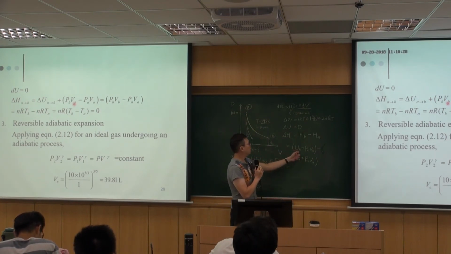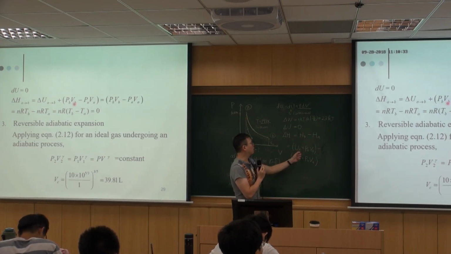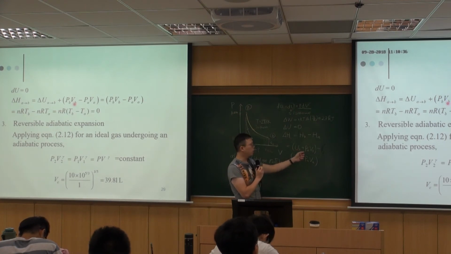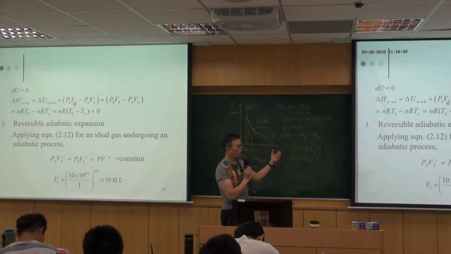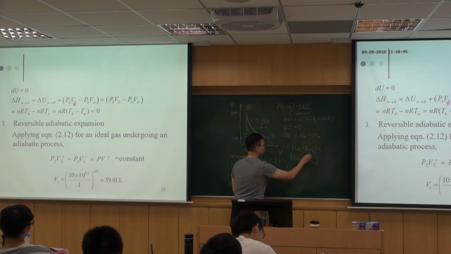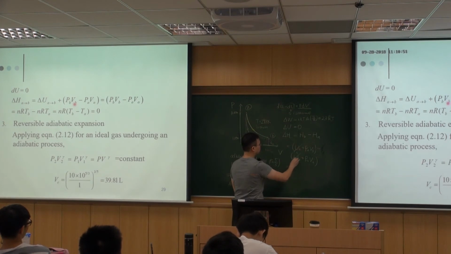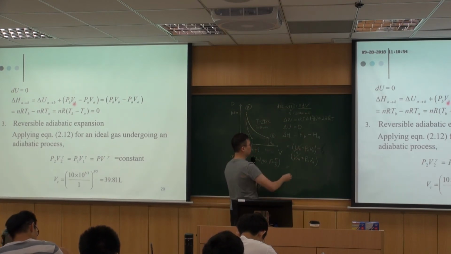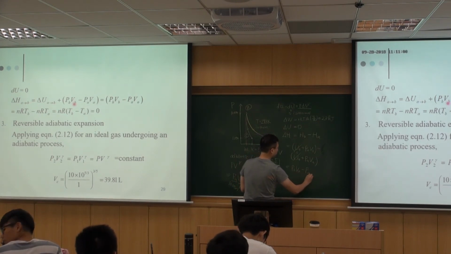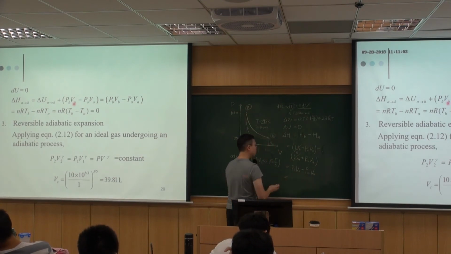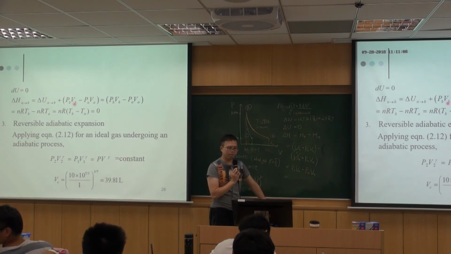The difference between HB and HA is, by definition, enthalpy is the sum of internal energy and the product of P and V. So in this case, we only have the difference between these 2 terms, because we know that UB is the same as UA. So these 2 will be canceled out. So eventually, you only have the difference between the product of PB and VB, and PA and VA.